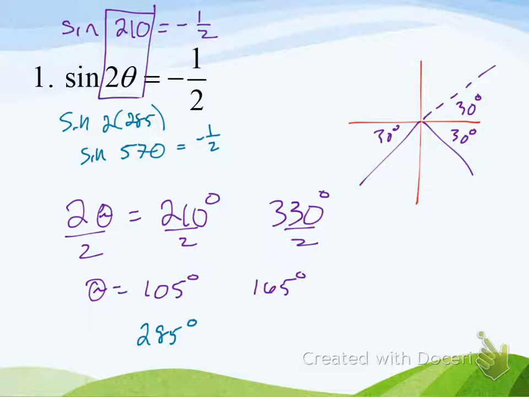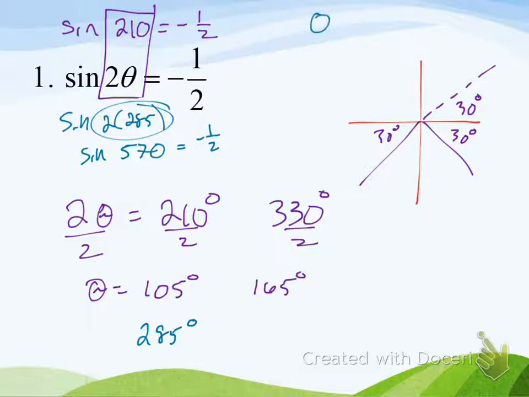But we didn't find it the first time through. So why not? It's like a hidden solution. What happened? Well, the reason why we didn't see it is because when you take 2 times 285, you get 570. And 570 is not within our normal parameters, right?